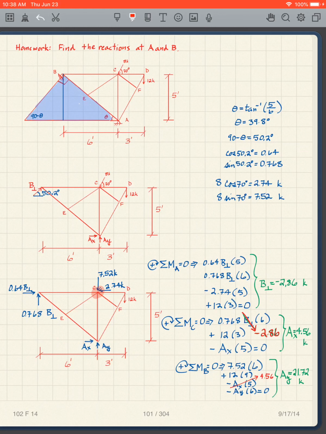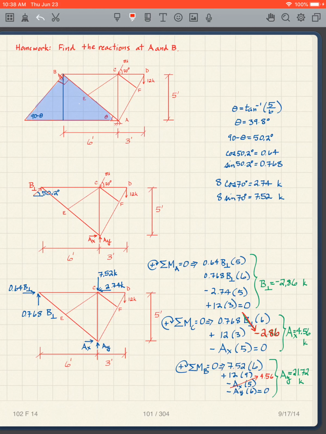And what are the signs? Clockwise, positive. Clockwise, positive. Counterclockwise, negative. Put those all in here.